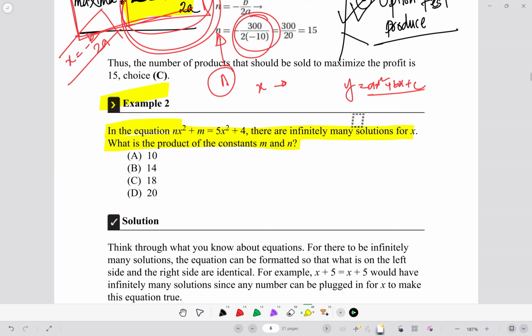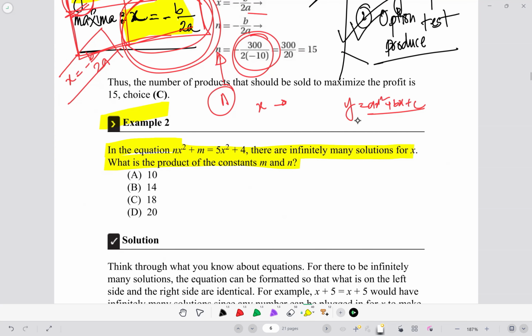Do you understand at least what they are talking about? Tell me what you understand. Every solution would work, and they're telling you to find m and n.